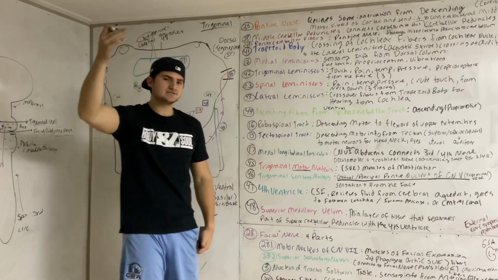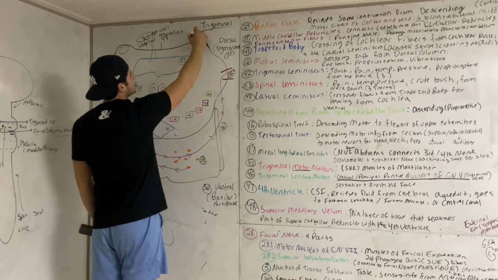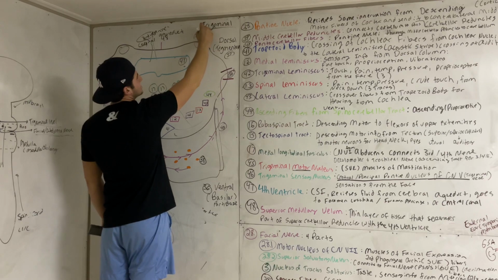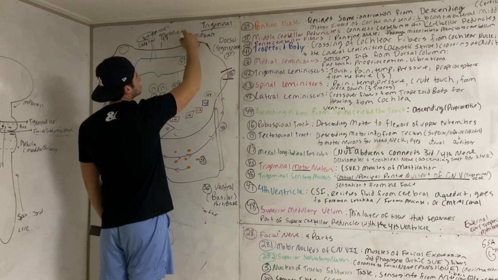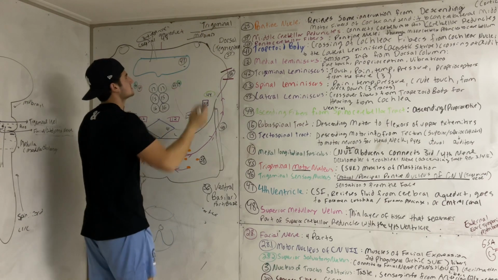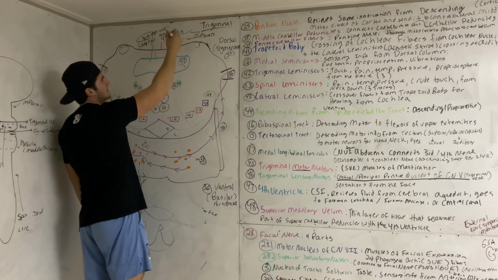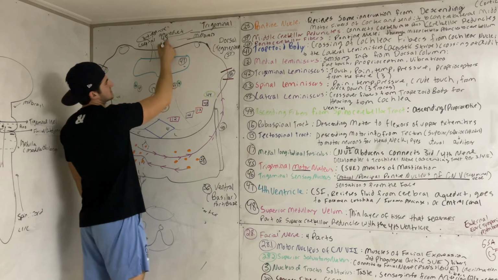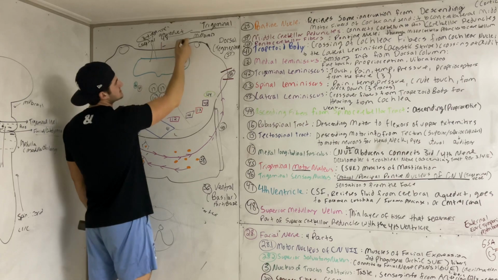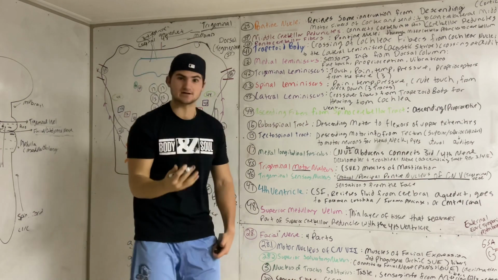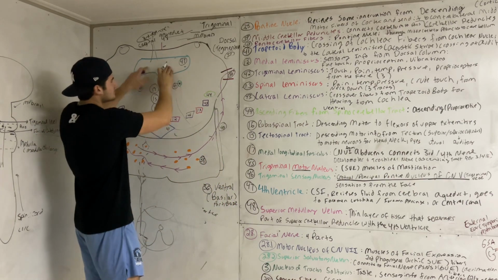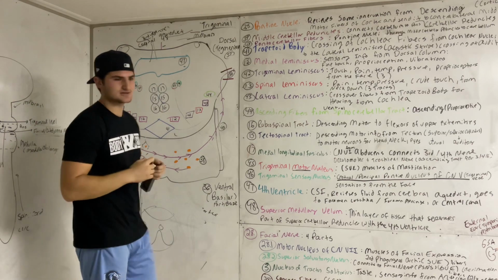We're going to get to the midbrain. When we get to the midbrain, we're going to have the superior cerebellar peduncles. They're going to travel across. Now, 48 is the tissue, this layer right here, that separates these superior cerebellar peduncles from the fourth ventricle. That's all it is.